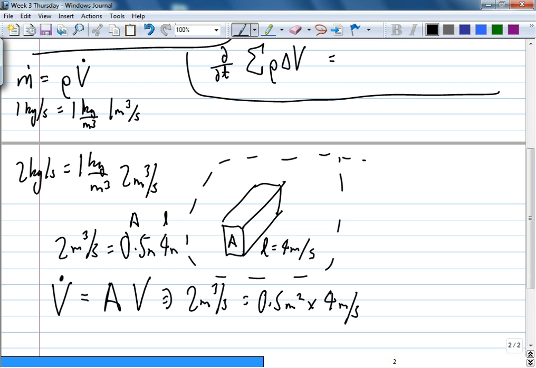So by right, m dot is equal to rho A V: the density, multiplied by the area, multiplied by the velocity, which is equal to rho V dot. Area times velocity is the volumetric flow rate, the volume entering every second. Is that okay? So that's the easy part.